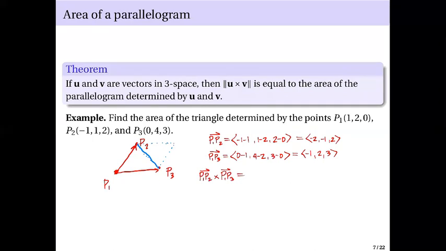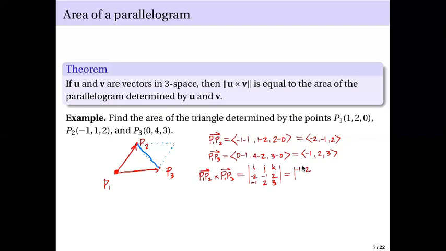So this is the determinant i, j, k. P1, P2, that's your first factor, so you will have negative 2, negative 1, 2. P1, P3, that's negative 1, 2, 3. Let's do it this way, because we just started learning this cross product, so I'll do every detail here.